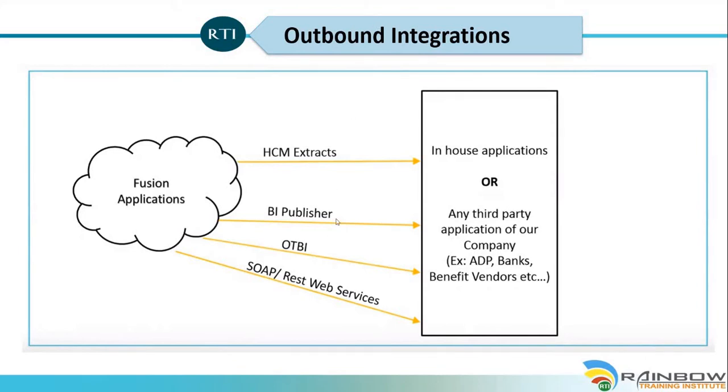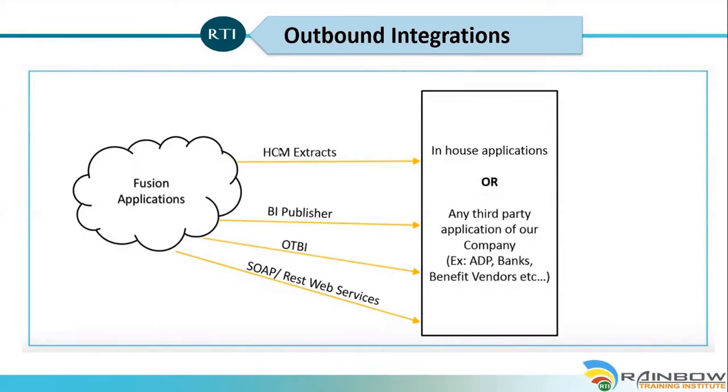Say, for example, the HCM extract that we created yesterday pulls the person and assignment details. You could also build a BIP report, implement bursting in it, and achieve the same result. But we created it as an HCM extract yesterday.